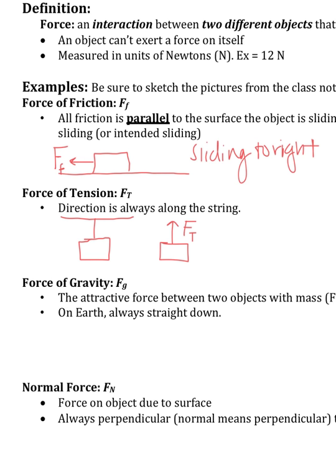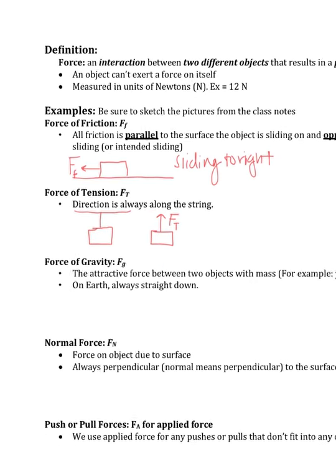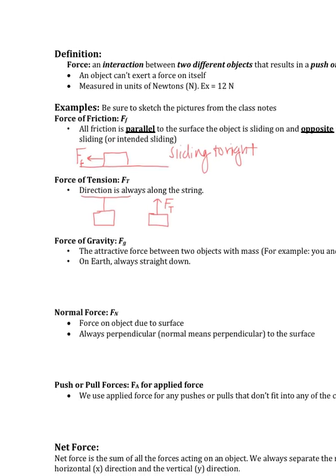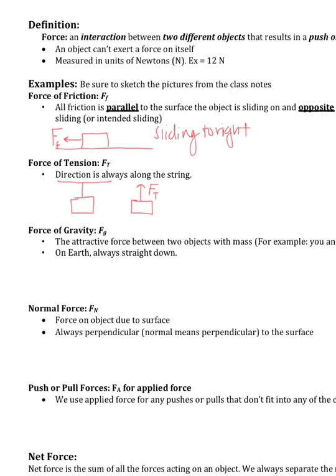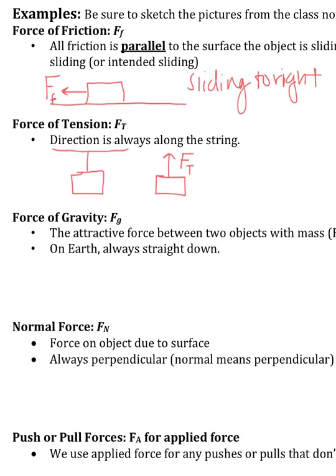All right, we also have the force of gravity. Hopefully you guys talked about that one at your groups. The force of gravity is an attractive force, so a pulling force, between 2 objects with mass. So for example, you and the Earth. On Earth, force of gravity is always pulling straight down.